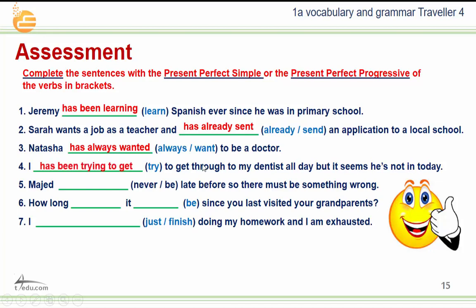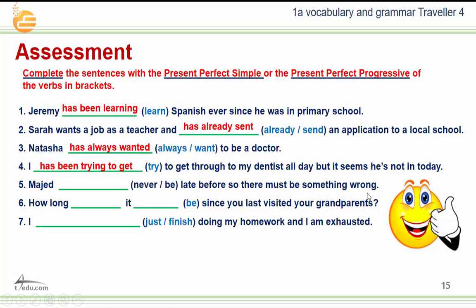I have been trying to get through to my dentist all day, but it seems he is not in today. Number 5. Majid never be late before, so there must be something wrong.